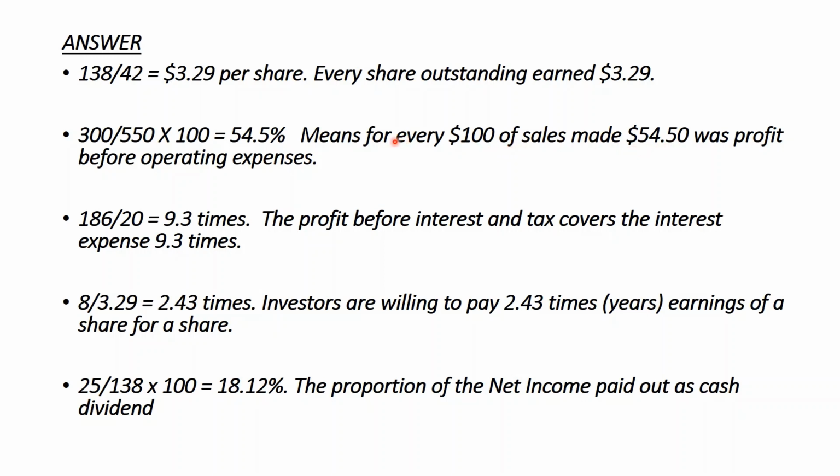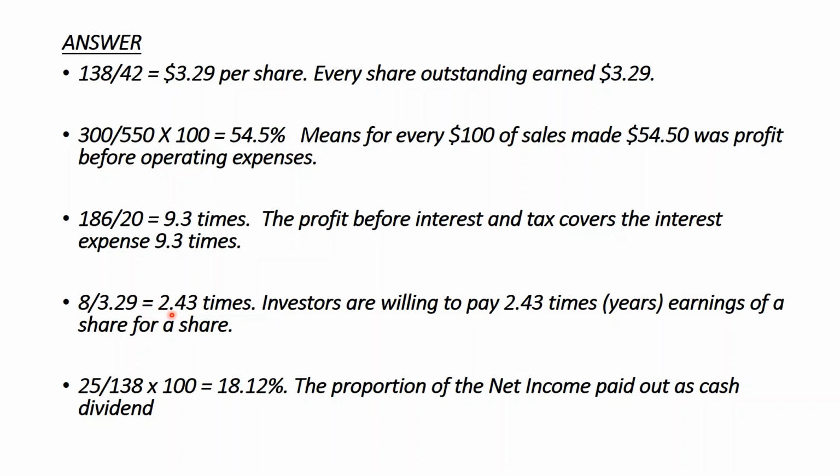It is before the operating expenses. 9.3 times for the interest cover. The profit before interest and tax covers the interest expense 9.3 times. Nothing more than that does it tell you.